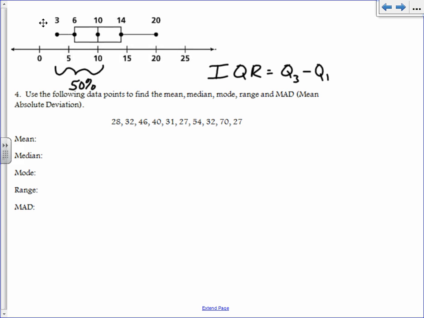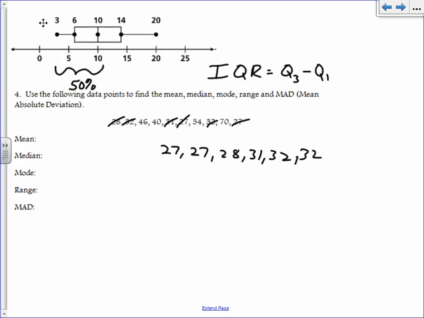Similar to down here. Guys, I believe that everybody in here can find the mean, median, mode, and range. What's the first thing you're going to need to do with these numbers? Put them in order. Guys, when you put these in order, they've got to be set up correctly in order. What I would do is write the numbers down, and as you write them down, mark them so that you can keep up with how many of each number you have.